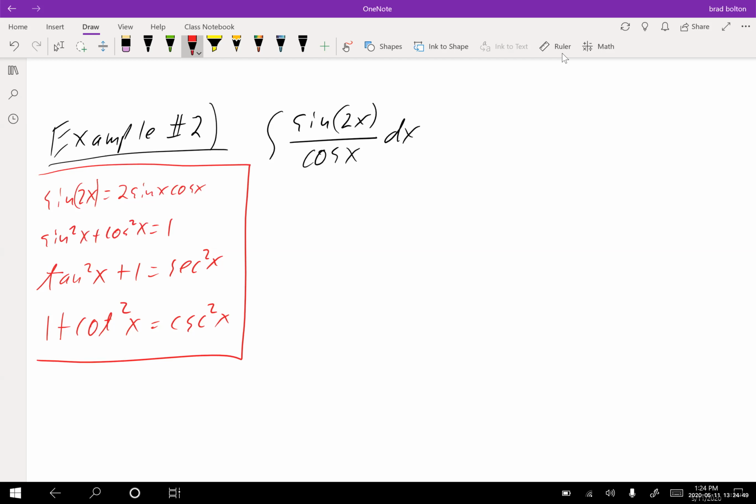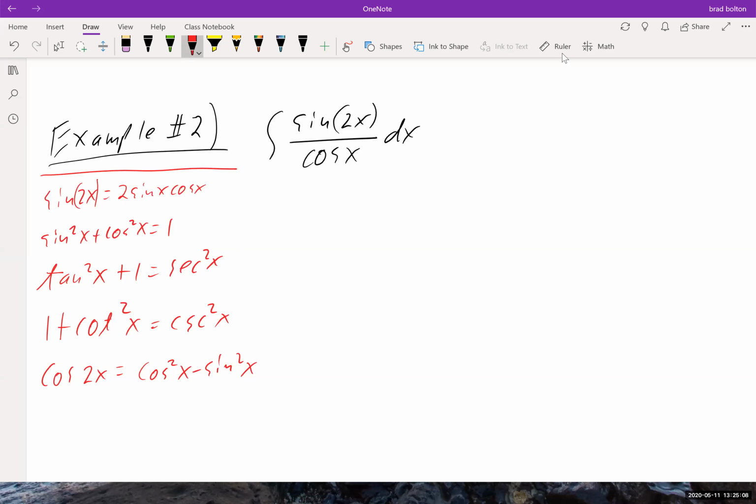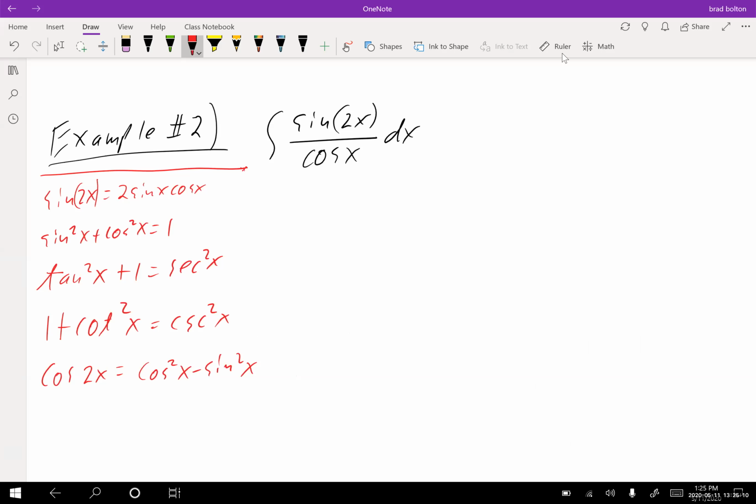You also have the double angle for cosine, which is cosine 2x. I forgot to write that one, but I guess I could add that. Cosine 2x is equal to cosine squared x minus sine squared x, and then you can do a bunch of variations of that. Maybe I should look that up after this to make sure I memorize that right, but I don't use that one as often, so sometimes I even forget that one.